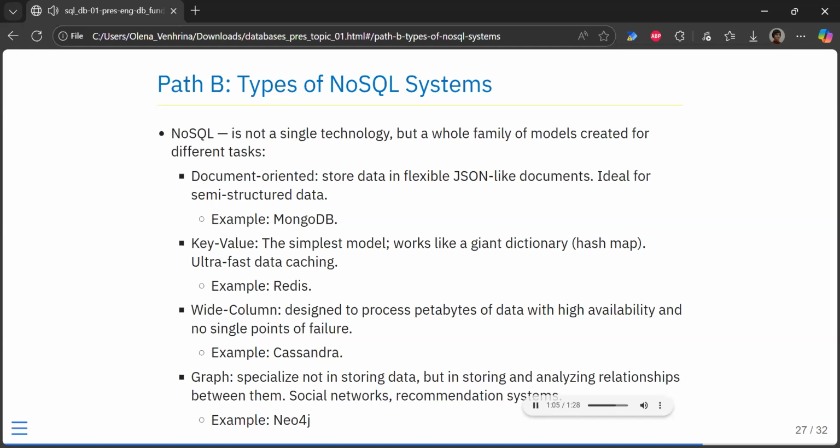Their uniqueness lies in that they are optimized not for storing data itself, but for storing and analyzing relationships between them. They are created to instantly answer questions. What is the shortest path between user A and user B? Or what do all friends of my friends have in common? This is the technology behind social networks and recommendation systems. Example, Neo4j.